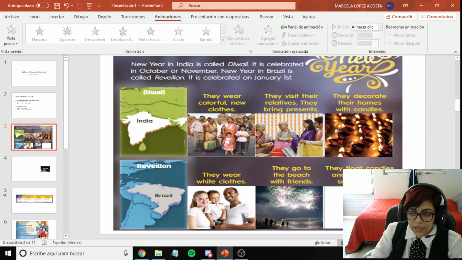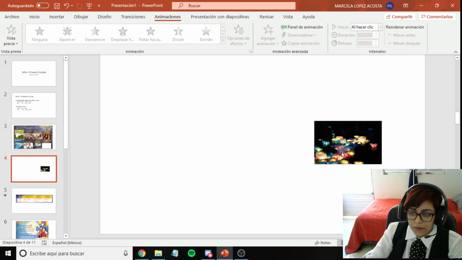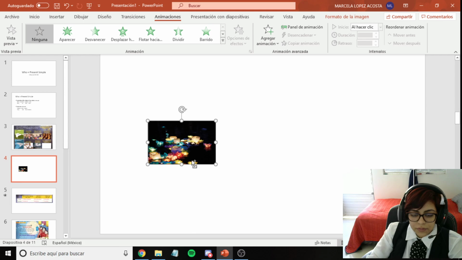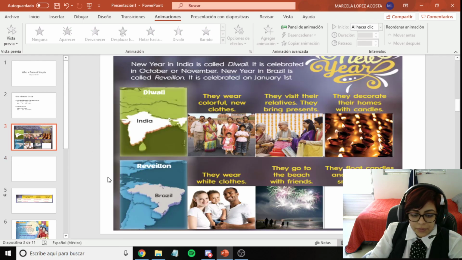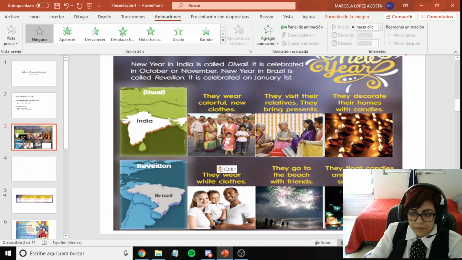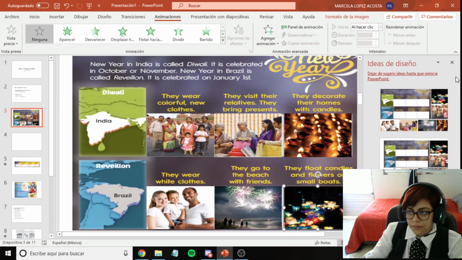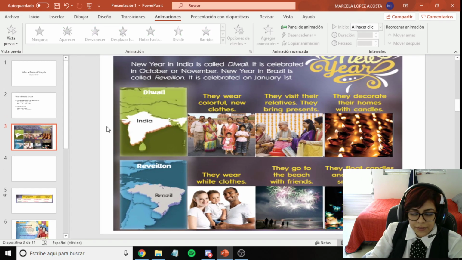And we finally have, they float candles and flowers on the small boats. We have these little small boats and we're going to paste them here. Okay, very good.